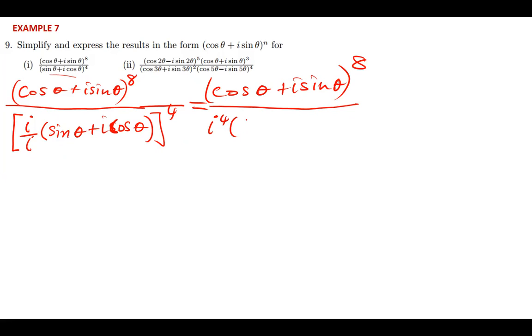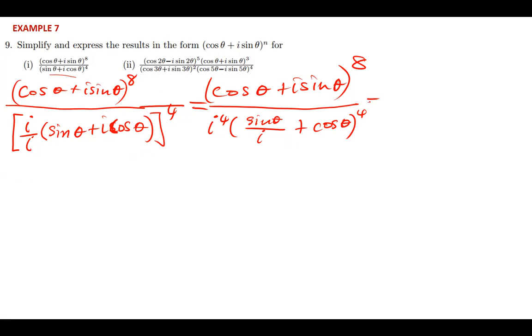I'm going to have sine theta over I. In other words, I've just multiplied this I throughout the brackets there. Then when I multiply this I times I over cos, times I cos theta, I'm just going to have cos theta there. I'm going to have plus cos theta, and then I'm going to raise this to the power 4. So I've distributed this 4 on both I over I and sine theta plus I cos theta.